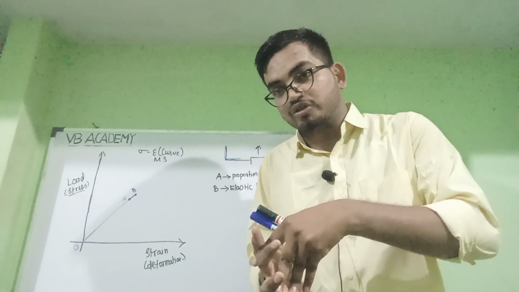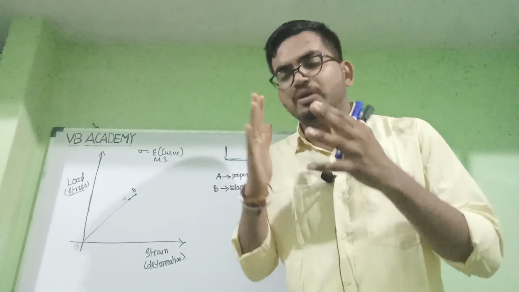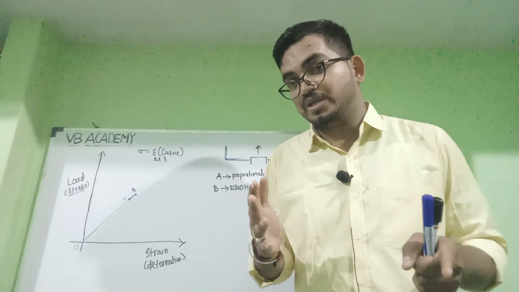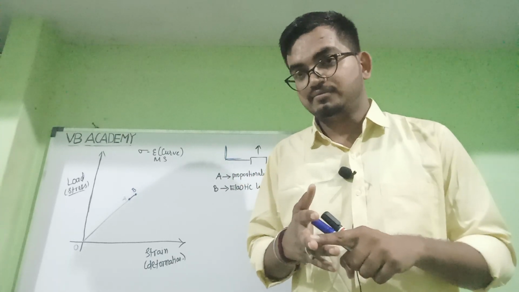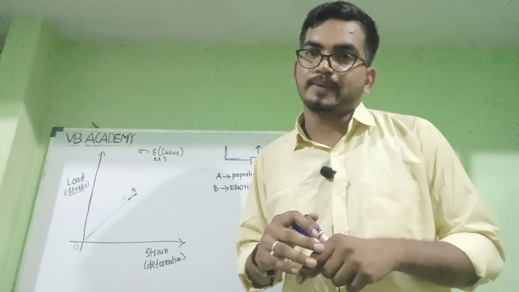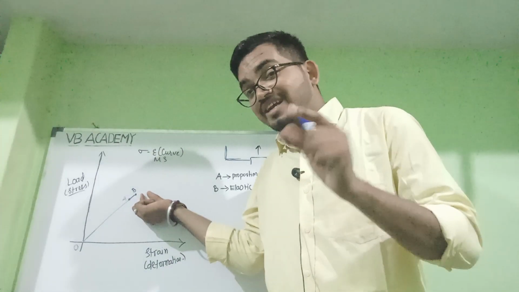Whenever the load is applied on the body within that particular limit, if the body regains its original shape, then the body is said to be elastic, and the material it is made of is elastic material. So now we are defining the B point as the elastic limit.